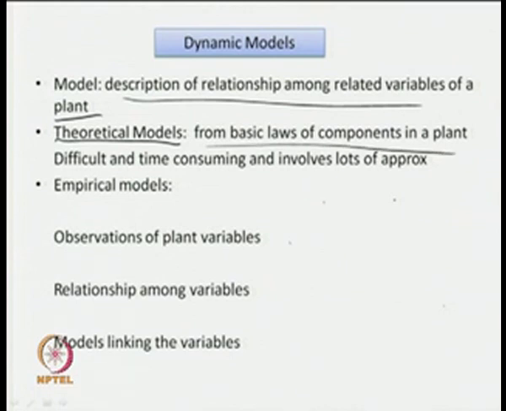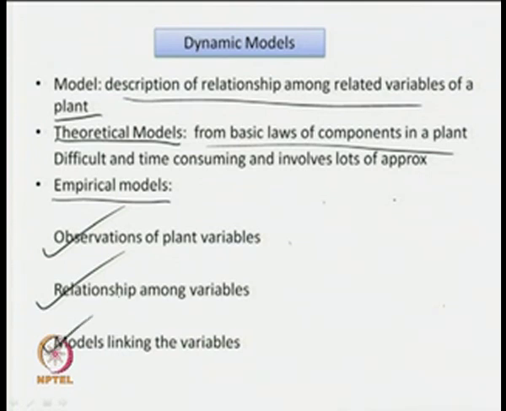However, the procedure is found to be difficult and time consuming and involves lots of approximations, whereas empirical models of process dynamics are developed relatively easily. It is done with the observations of plant variables, or from the relationship among variables, or from the models linking the variables.